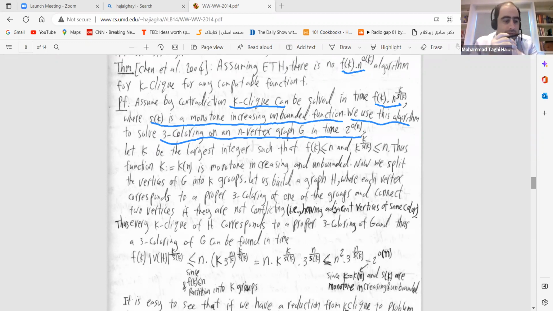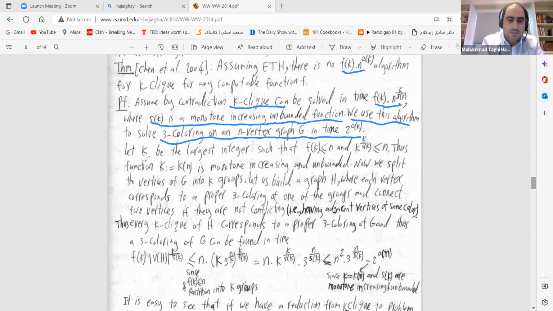If you remember, we talked about the SAT problem, and we mentioned that SAT cannot be solved in 2 to the little o of n, or 2 to the little o of m, where m is the number of clauses. From that, we got the 3-coloring hardness: 3-coloring on an n-vertex graph cannot be done in better than 2 to the little o of n.